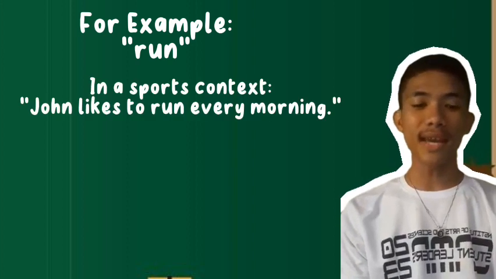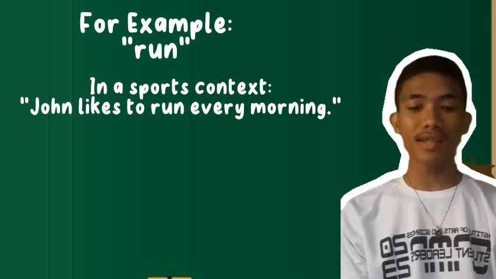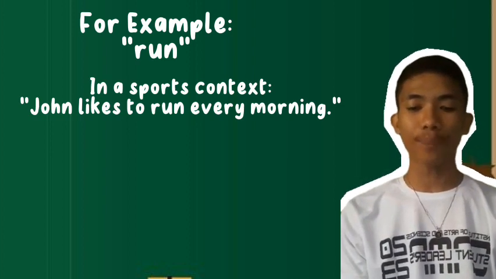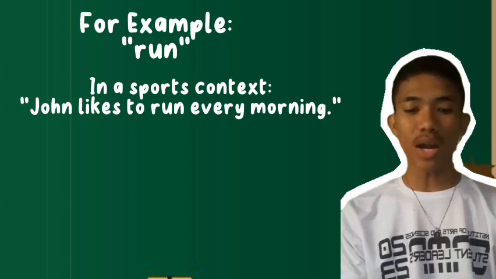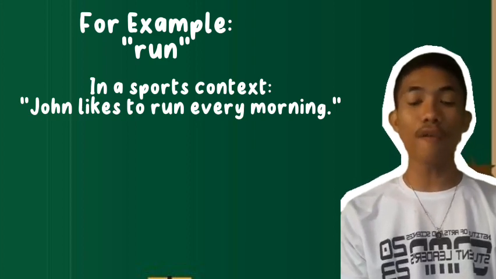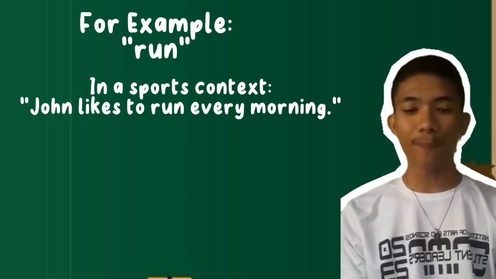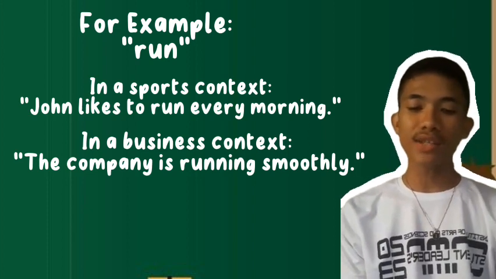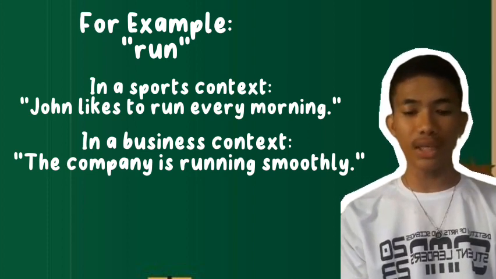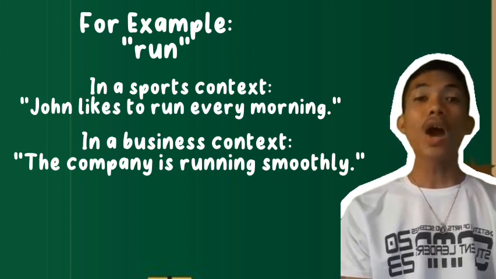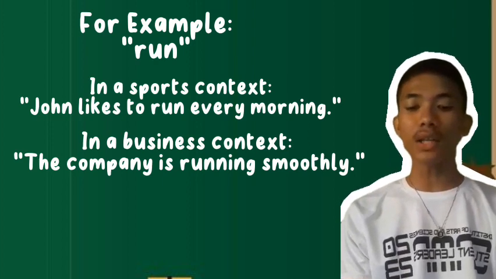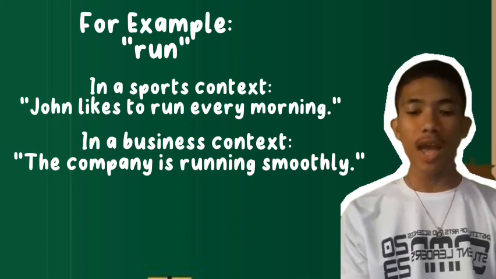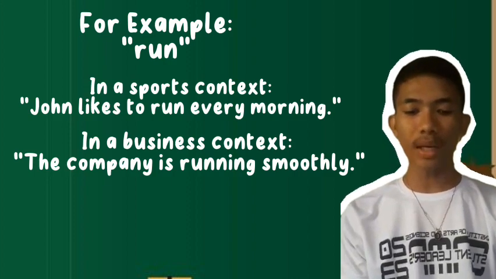In sports context, John likes to run every morning. Here, the word run refers to the physical activity of jogging or sprinting. While in business context, in a sentence, the company is running smoothly. So, in this case, run is used metaphorically to describe the smooth operation or functioning of the company.